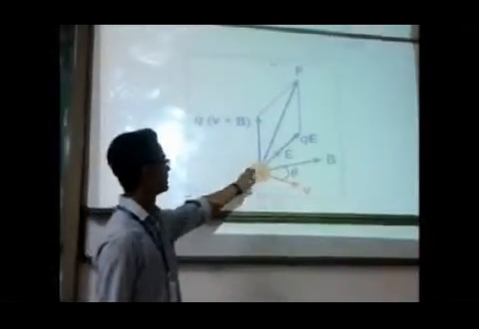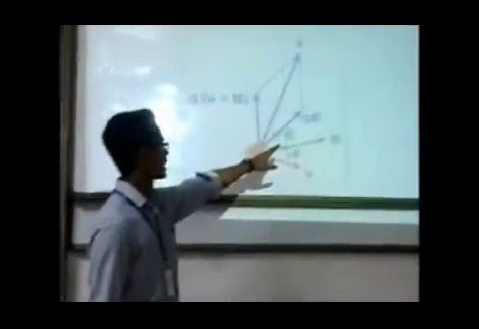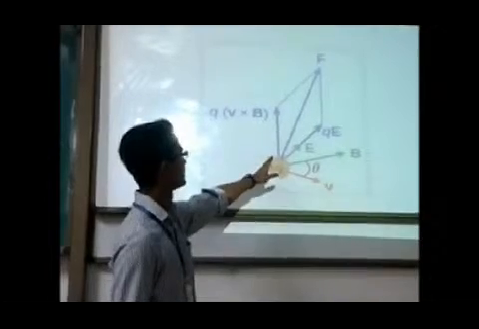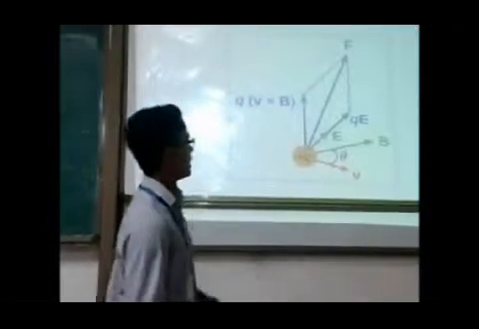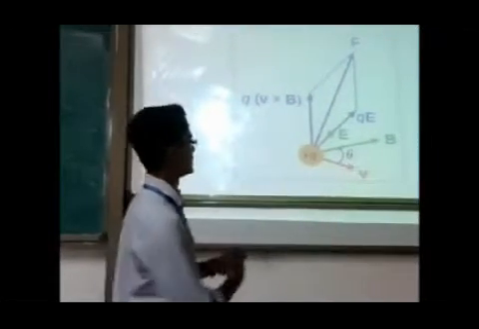Here, this is the velocity of the particle, this is the direction of the magnetic field, and this is the direction of the Lorentz force. The right hand rule is like this.